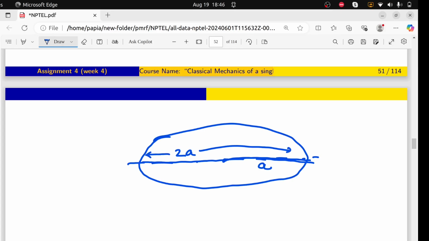Now similarly, this one is B, but if I take 2b, that means this whole thing is 2b. Okay. Yeah, so this is 2b. So this is the case.